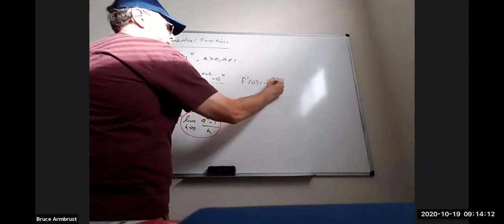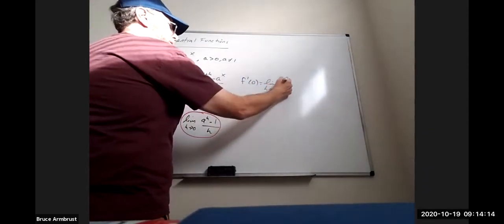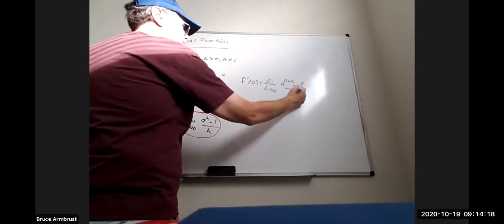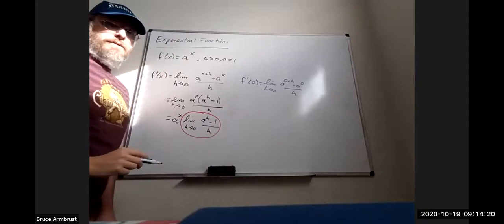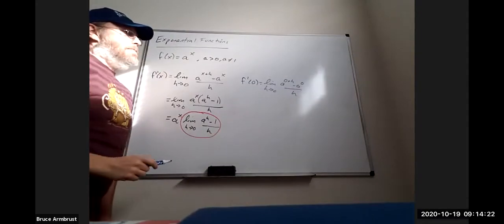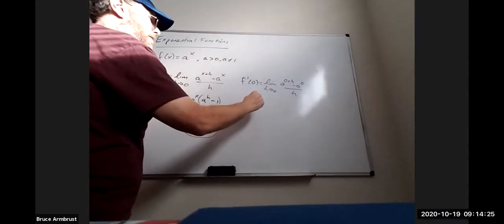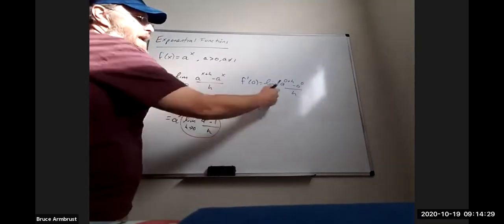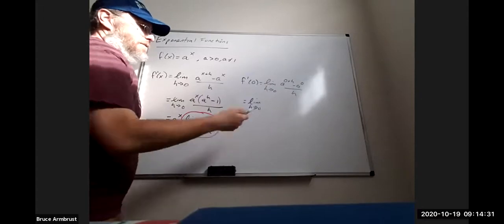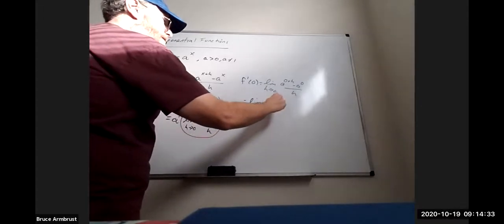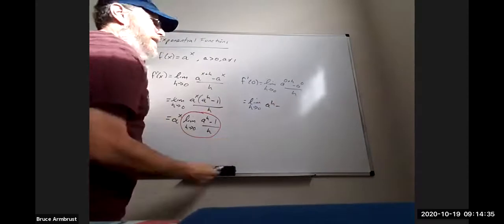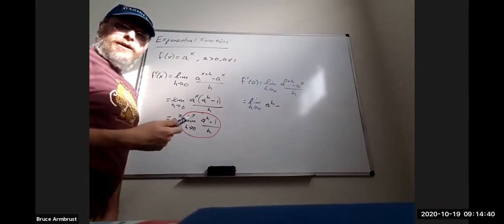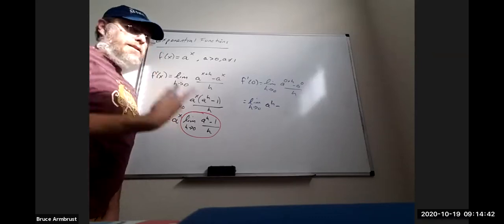This would equal the limit as h goes to 0 of a to the 0 plus h minus a to the 0 over h. So a to the 0 plus h, well, 0 plus h is just h. I get minus a to the 0. But hopefully you remember with exponents, if you raise to the 0, you always get 1.